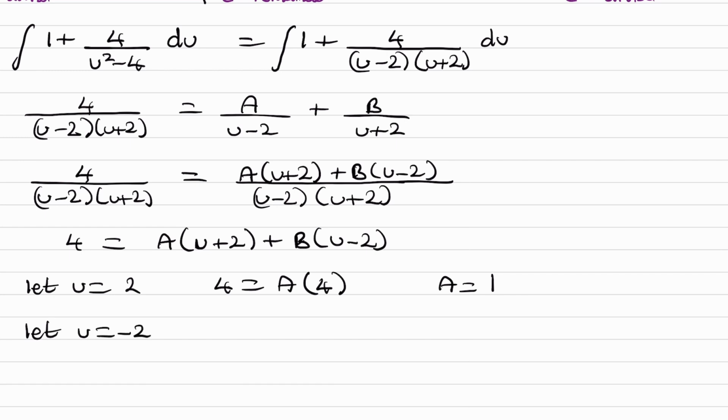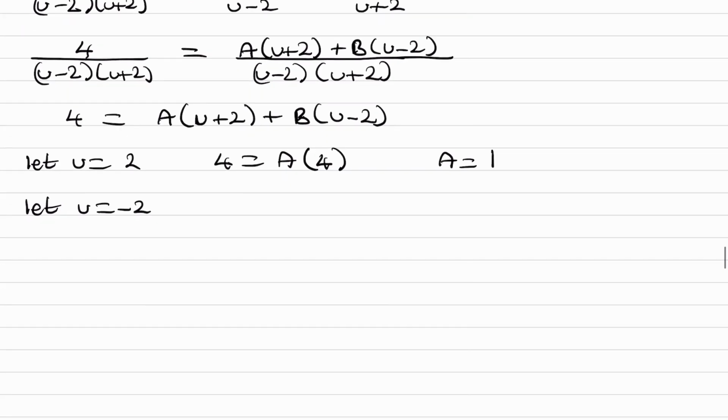Let u equal minus 2, so that makes this bracket here 0. That makes this bracket minus 4. So we get 4 is equal to A times 0, so I'll just remove that term, plus B times minus 4. So this gives minus 4B is 4, which gives B is minus 1.